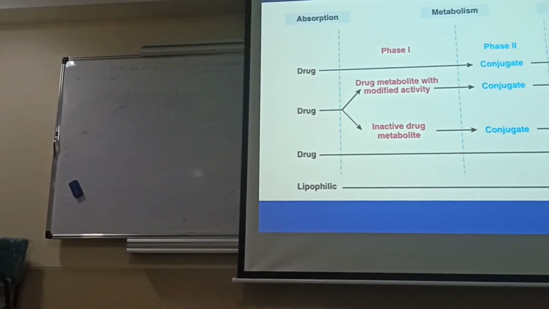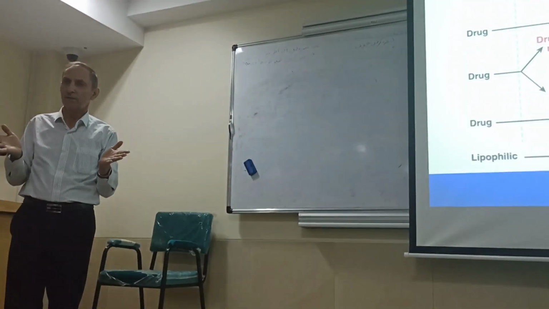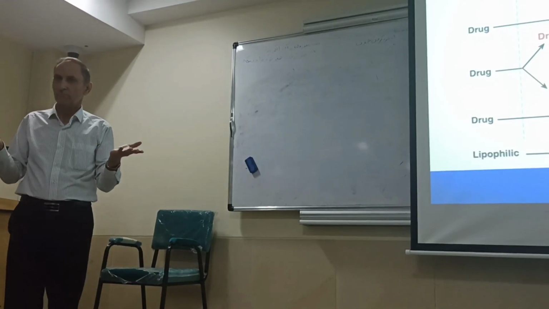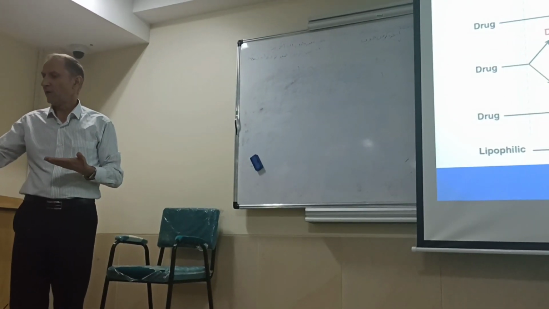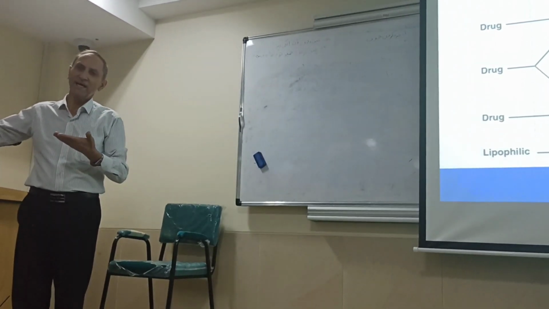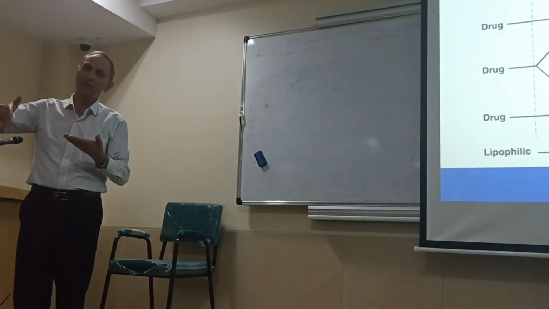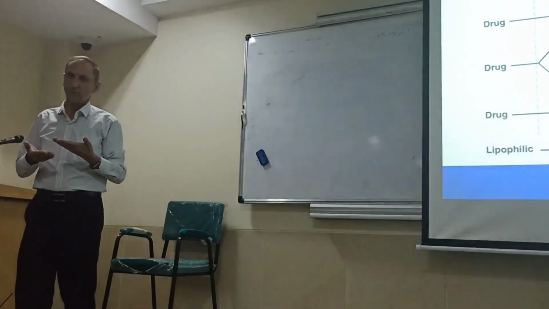Suppose that a person has used heroin. Heroin in the body can be converted to morphine. So we say that morphine is an active metabolite of heroin. Okay?